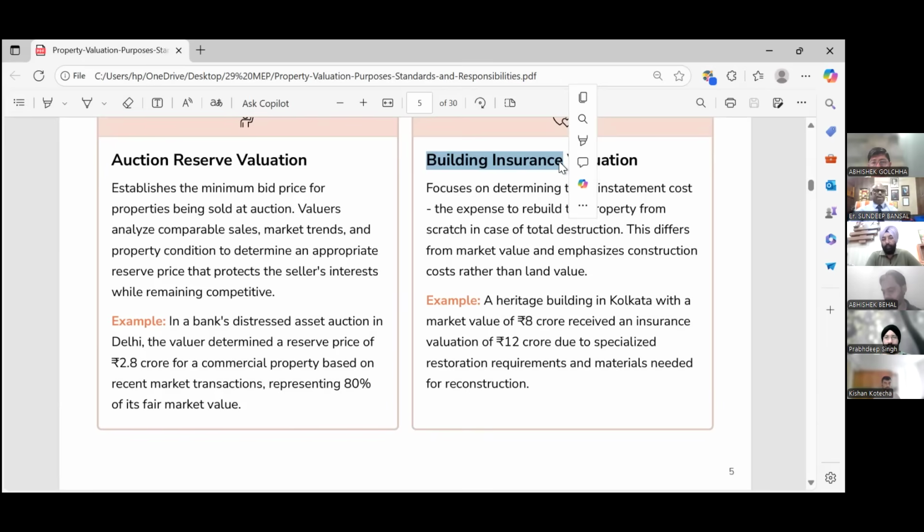So only the superstructure part is considered. Generally, in 90% of cases, it is lower than the fair market value of the building. But in some cases, as with a heritage building, its insurance value may be higher because you have to find out the replacement or reinstatement value. So I think it is clear to you what the building insurance value is.